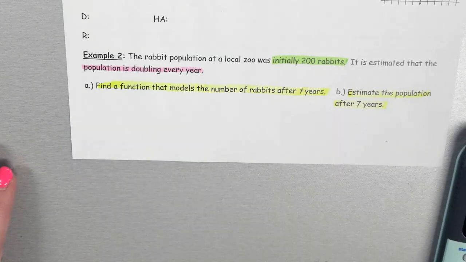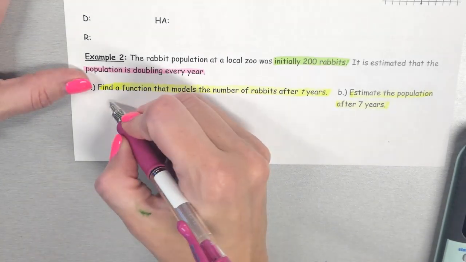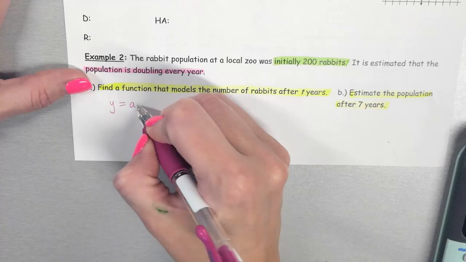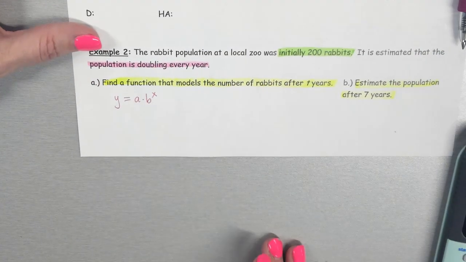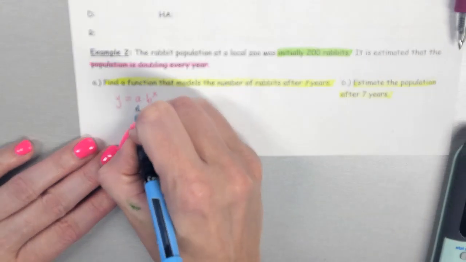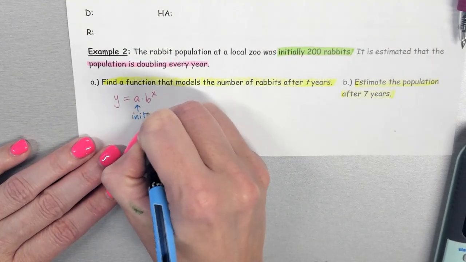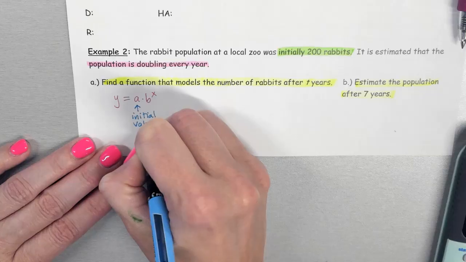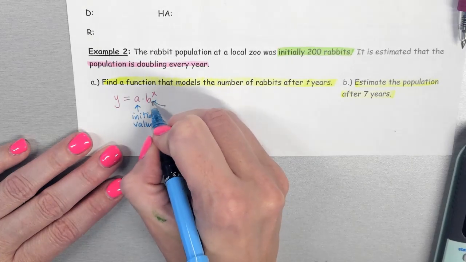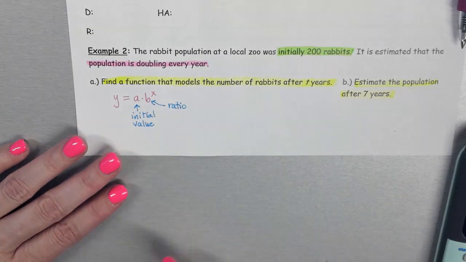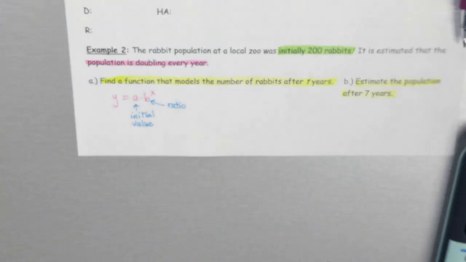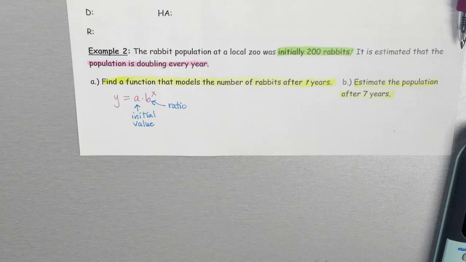So you can use this a times b to the x as your equation. You guys might remember this from a previous year, you might not. This is your initial value, and this is your base, which is the ratio. So if it's doubling, that ratio is going to be 2.